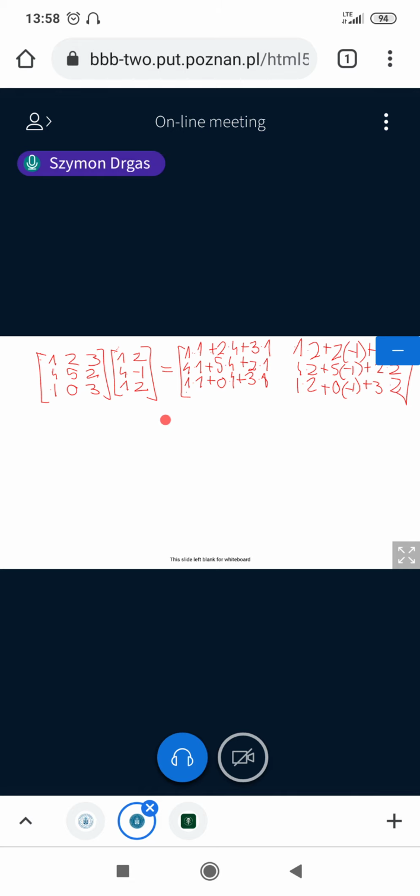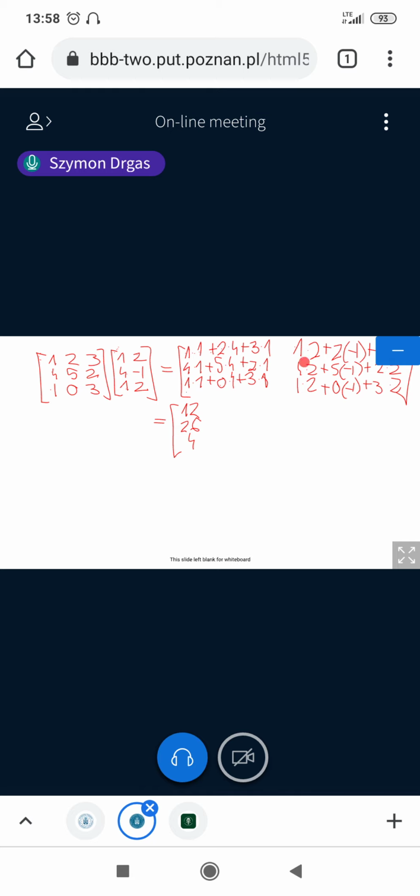Okay, so we can calculate all these entries. The first entry is 1 plus 8, so we have 9 plus 3 is 12. And we have 4 plus 20, so 24 plus 2 is 26. 1 plus 0 plus 3 is 4.